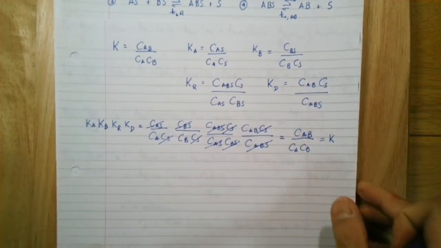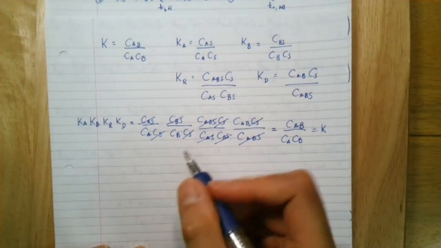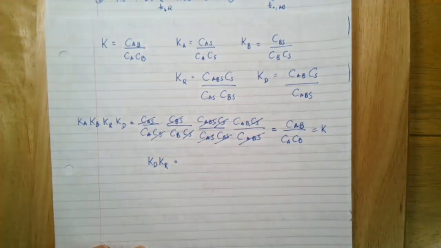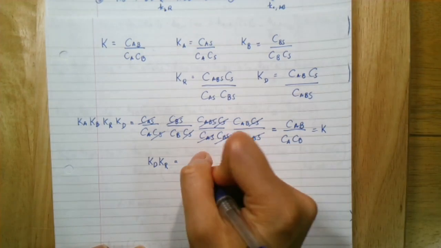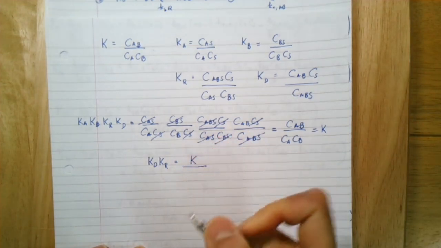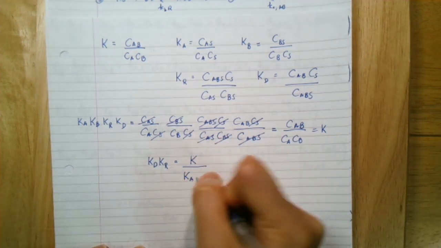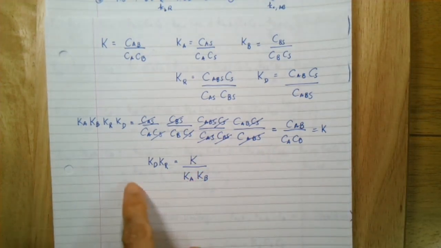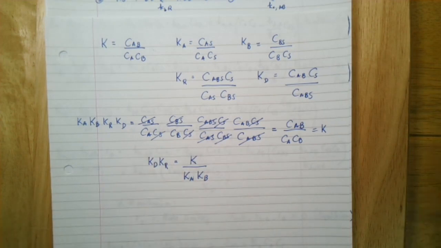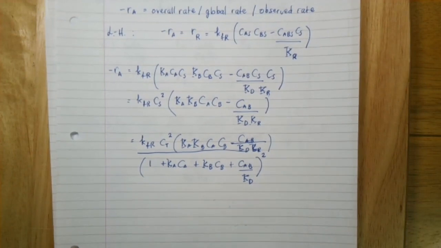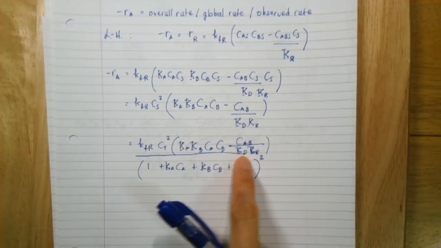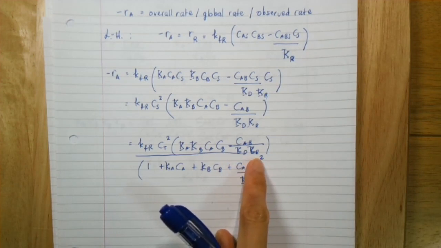So therefore, we can write KD times KR is equal to K all over KA times KB. Okay, I need it in this form because if you can remember, our overall rate of reaction here has this term, KD times KR.